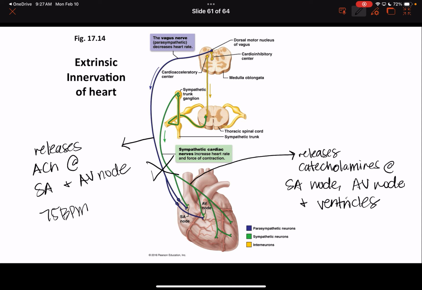But we have the parasympathetic nervous system, our rest and digest, to keep it down at 75 beats per minute. That's called parasympathetic tone, and you learned about that in B32. So parasympathetic tone keeps our heart rate down at 75 beats per minute. Without that connection, our heart would beat much faster at about 100 beats per minute.